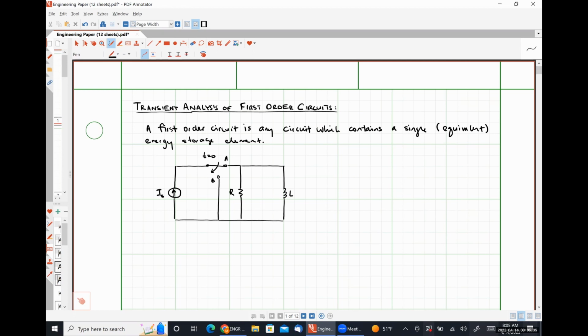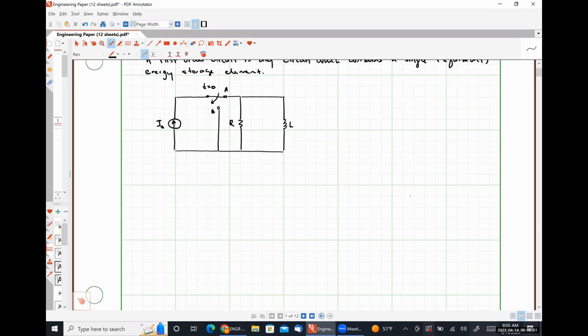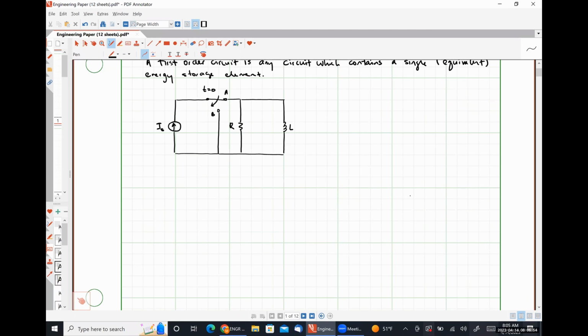So if we assume that the switch has been closed for a very long time before our switch changes state, we are going to start off at a DC steady state condition, right? So if I were to plot, let me label this here, IL as a function of time. We're going to talk our way through things here.